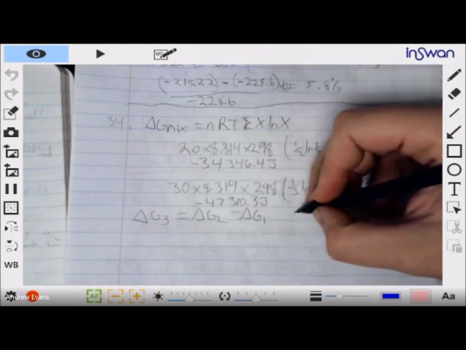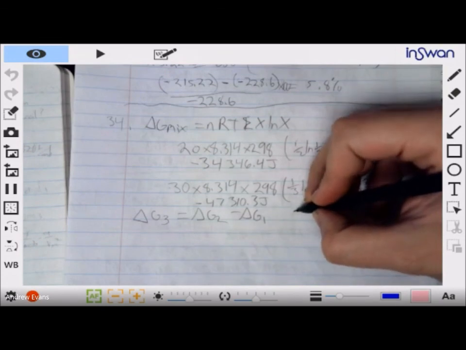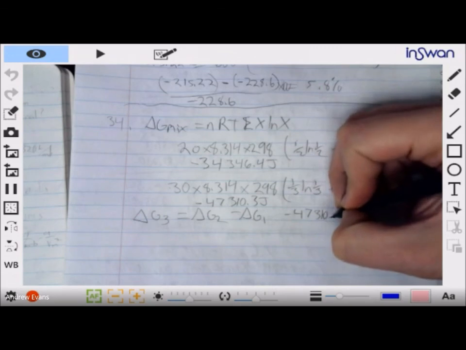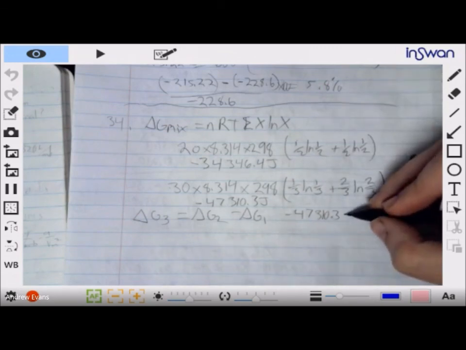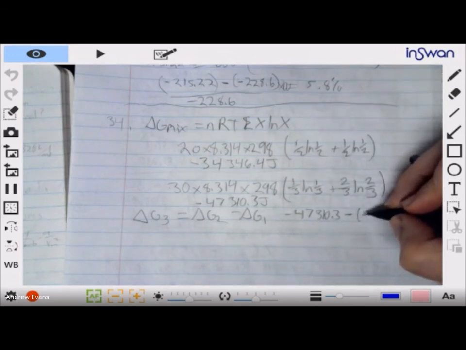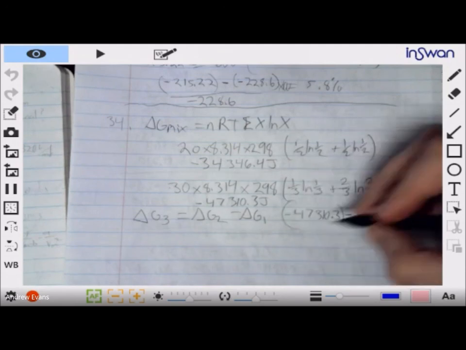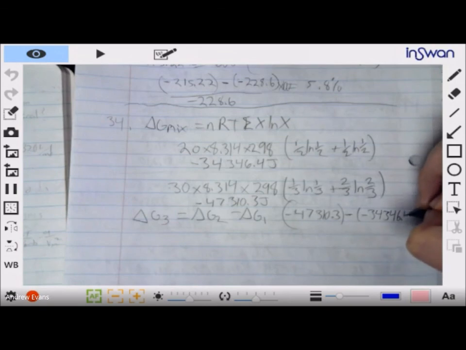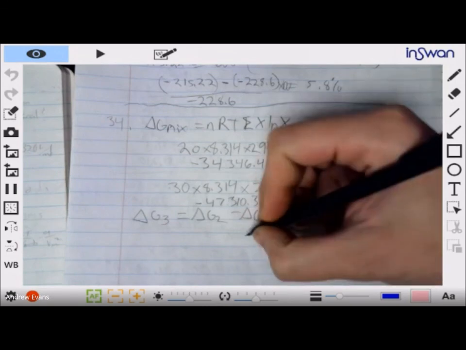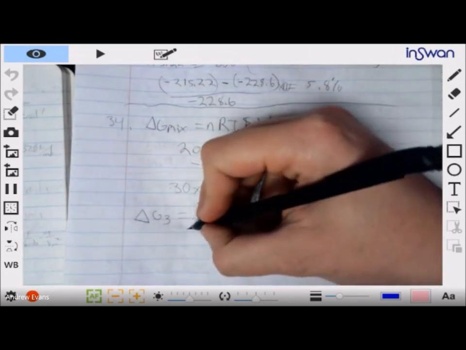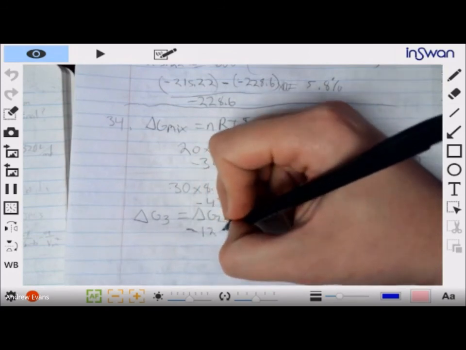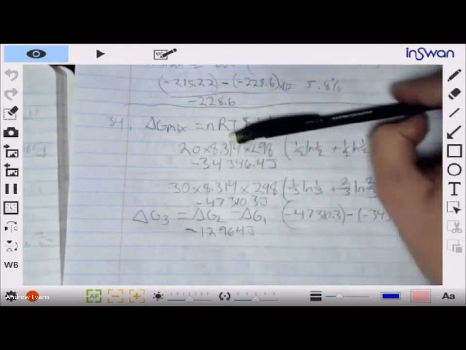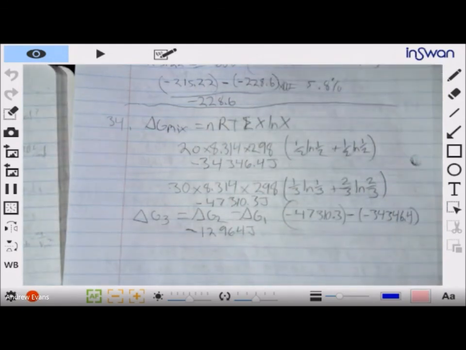So with that in mind, you get negative 47310.3 minus the negative 34346.4, and your Gibbs for that third situation is negative 12,964 joules. That would be how you approach that.